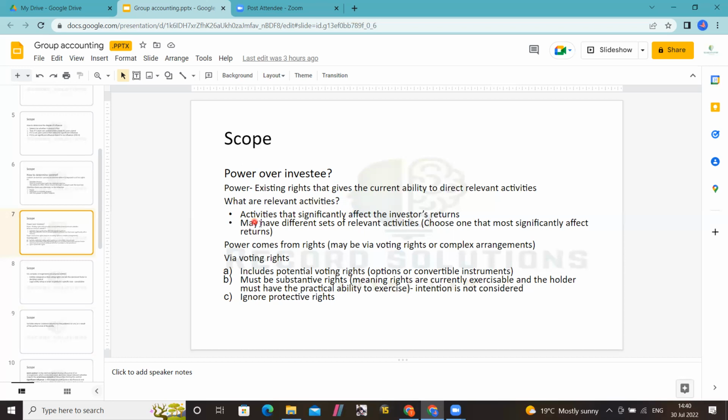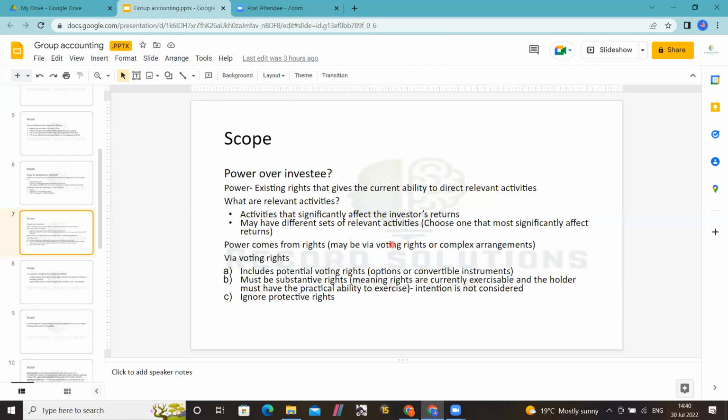Sometimes you may have different sets of relevant activities, and you have to choose the one that most significantly affects the returns, because the first thing you have to do when you start to answer is determine what the relevant activities are.